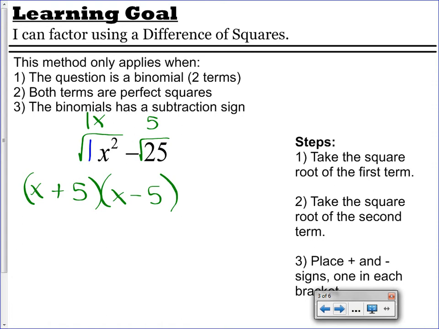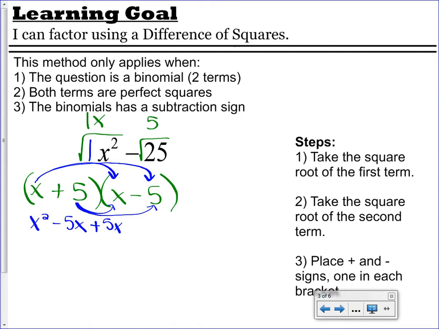Okay, now again, to see this, if you wanted to check this with FOIL, what I do here, I multiply my first terms together. X times x gives me x squared. I multiply my outside terms together, gives me minus 5x. Multiply my inside terms together, plus 5x. Multiply the last terms in each binomial, I get minus 25.